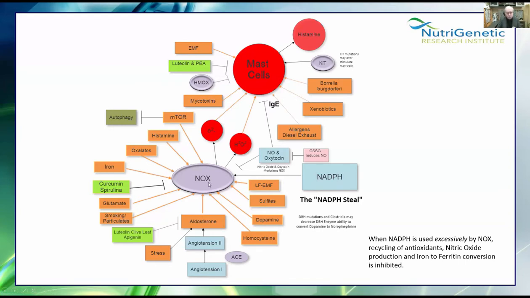So, is this a good thing? Yes, when it's needed, when you've got a foreign invader. Is there a problem if epigenetic and genetic factors are stimulating this excessively? That's the whole crux of this conversation. Clearly, more research needs to be done.